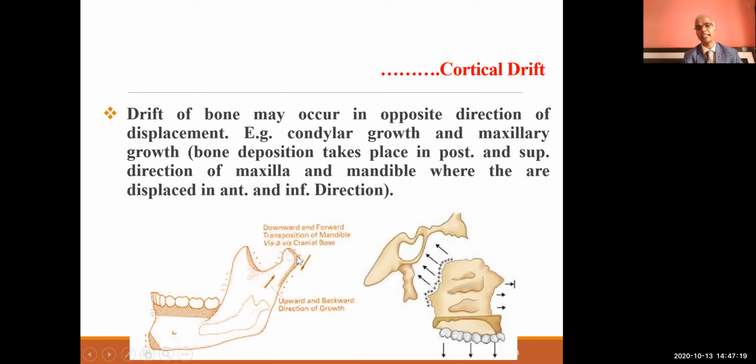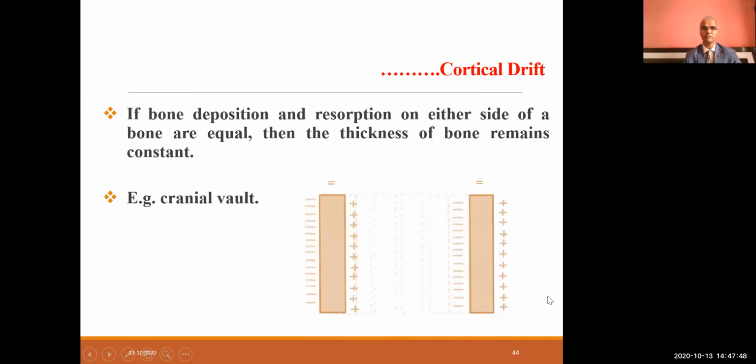Here the condylar growth takes place at the posterior superior surface, but the mandible moves in a forward and downward direction. Same with maxillary growth, which takes place on the posterior superior surface at the tuberosity region, but the maxilla is displaced in a downward and forward direction.